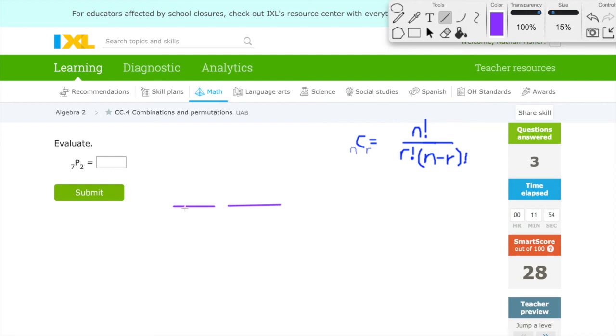So for the first person through the doors, there's 7 options of who that person could be. After that, they say, okay, we have room for another person, but that first person doesn't count anymore. So that's why this is now a 6.